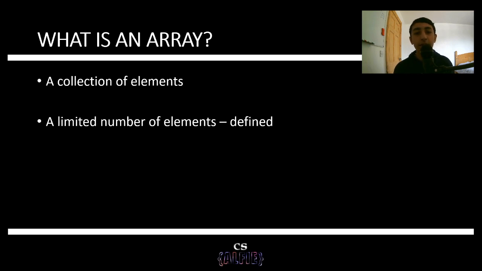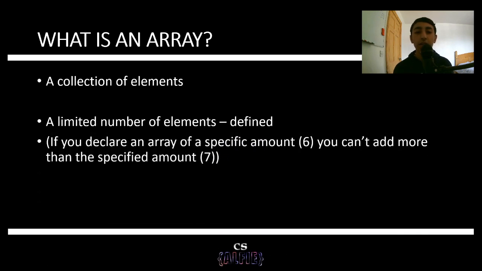Something important about arrays is that it has a limited number of elements which the user defines. So for example, if you declare an array of a specific amount, say 6, you can't add more than the specified amount. So you can't have 7 elements in an array of 6 that you have defined.